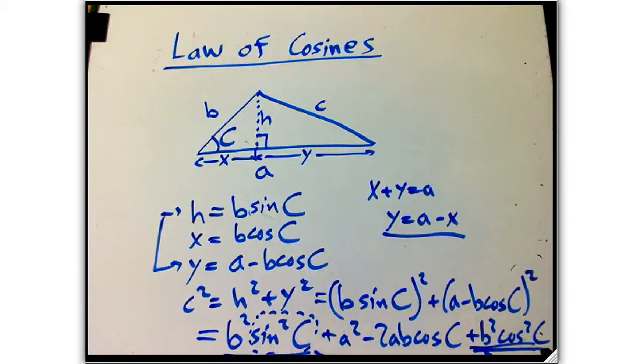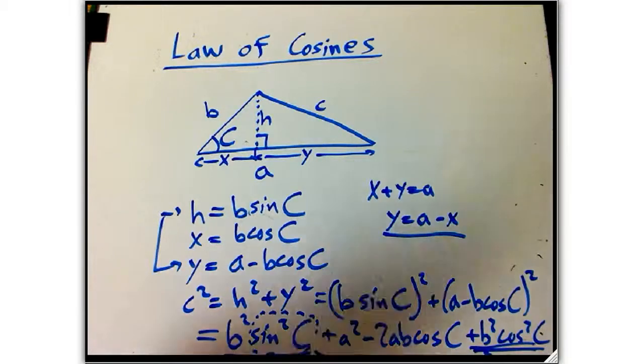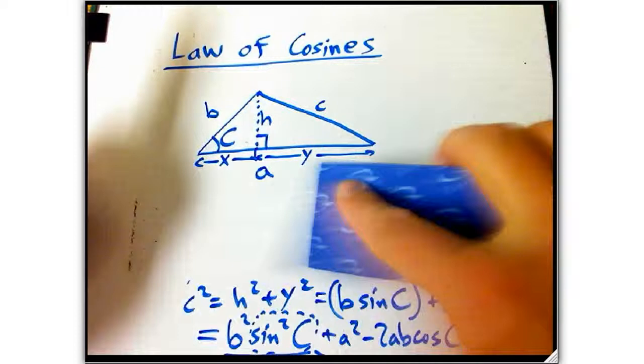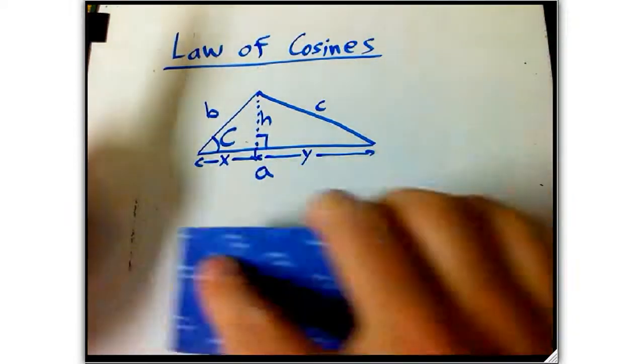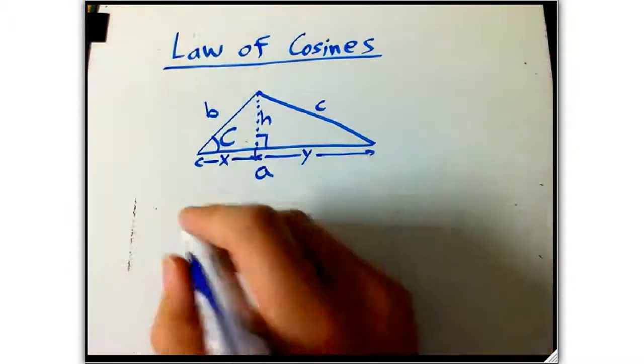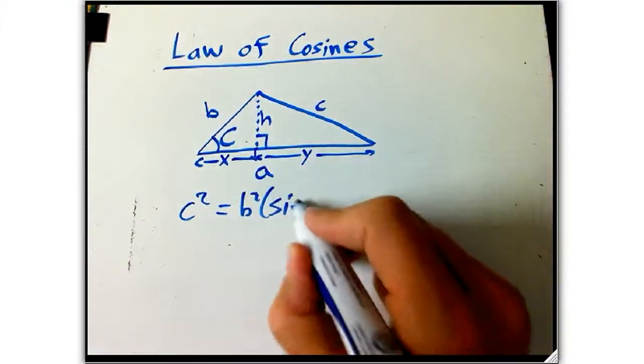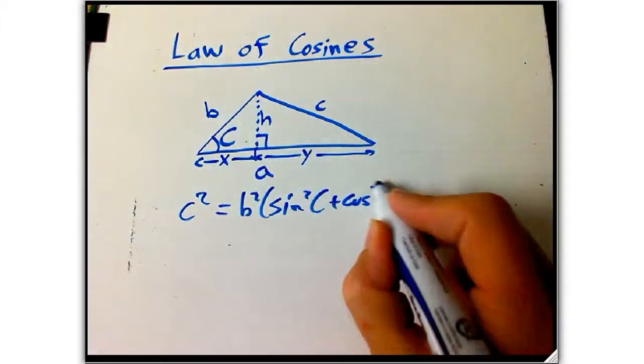Sine squared plus cosine squared. That's really nice. I want to keep the picture, so let me just rewrite. So c squared is going to be b squared times the quantity sine squared C plus cosine squared C.